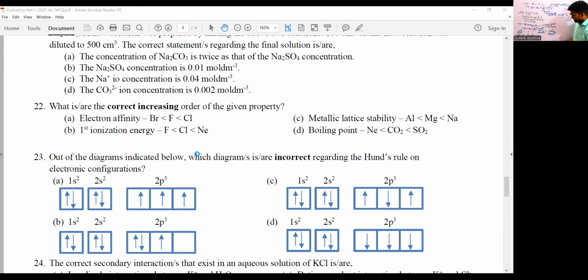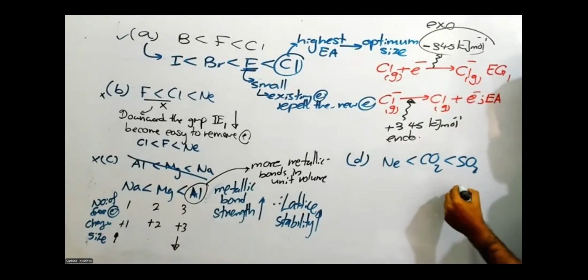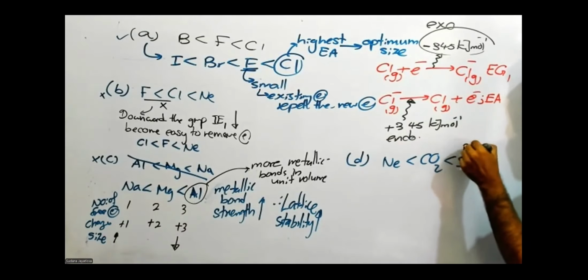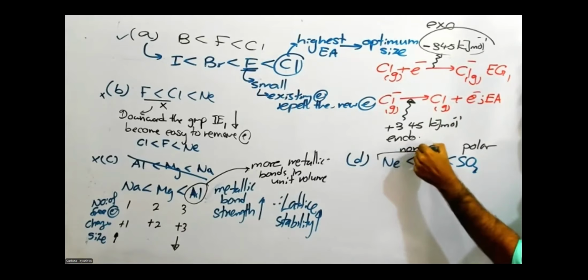Then you can go to D, the boiling point statement. D: neon, carbon dioxide, and SO2. Who has the higher boiling point? So it's actually going to be correct. It's from the bonding lesson. Just remember SO2 is a polar gas, and these two are non-polar.